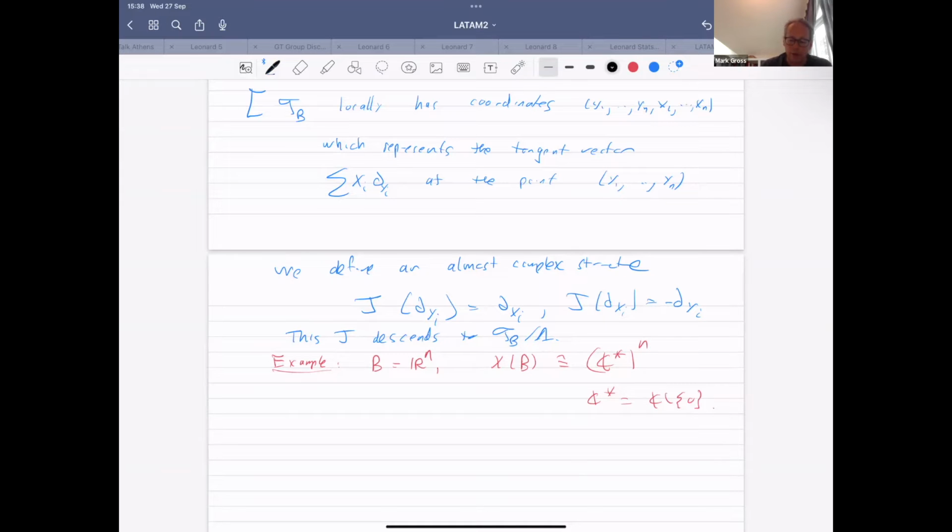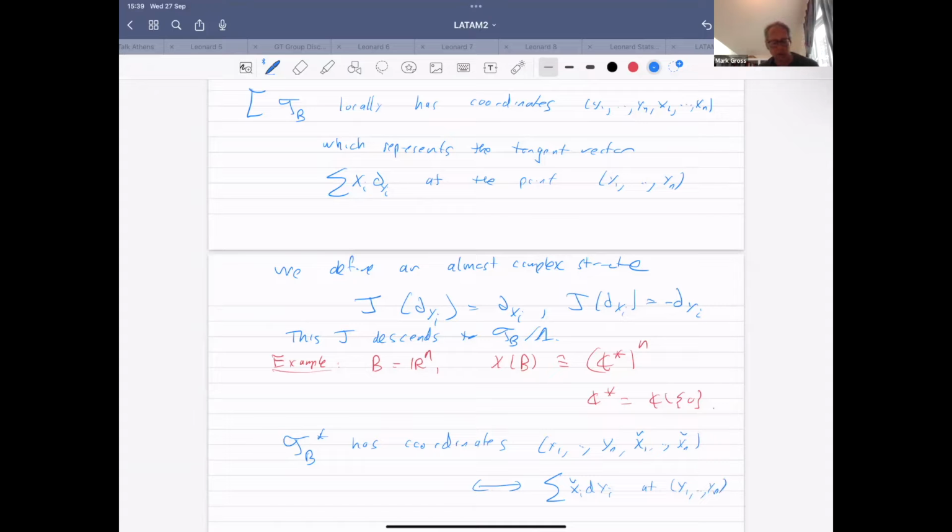And then for the symplectic structure, similarly, the cotangent bundle of B has coordinates y1 through yn and x1 hat through xn hat. This corresponds, as before, to the differential summation xi hat dyi at the point y1 through yn.